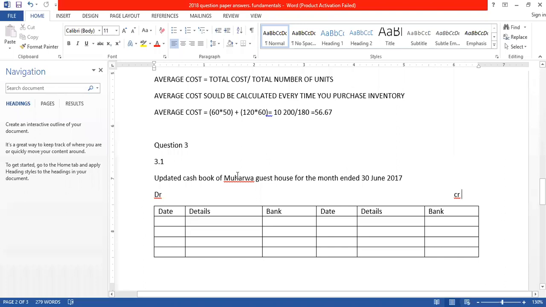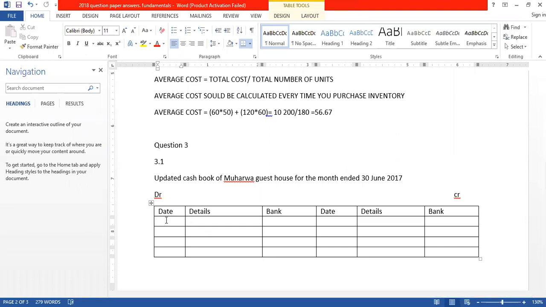And because this is an updated cash book, your balance brought down will not be on the first day, but it will still be on the 30th of June, because that's when you update your cash book on the last day of the month after receiving your bank statement.